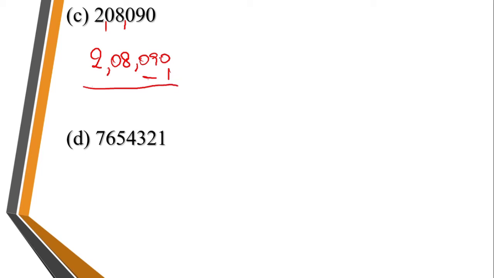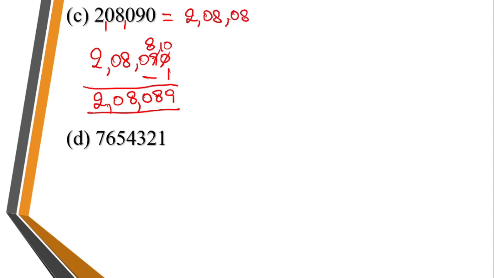So we will borrow with 9. So 9 will become 8 and 0 will become 10. So 10 minus 1 is 9 and 8 as this, 0 as this, 8 as this again and 0 as this and 2 as this. So we will get the predecessor as 2,08,089. So this is the predecessor of 2,08,090.